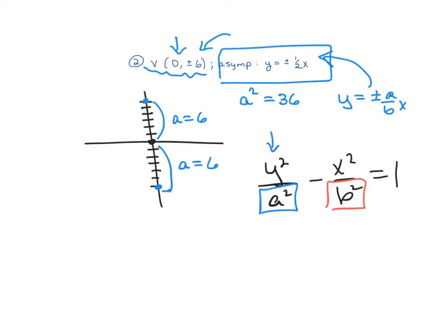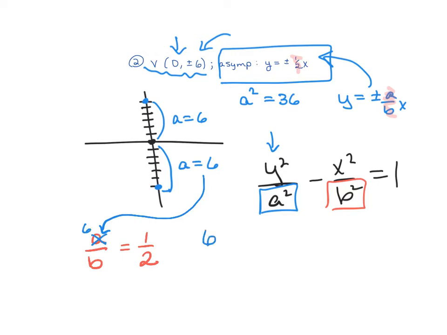So let me go ahead and take this a over b and set it equal to the 1 over 2. Now, what we have to be careful with is this 1/2 that's in our asymptote is a simplified fraction because we've already found our a value and it's 6. So let me change this a and make it a 6.